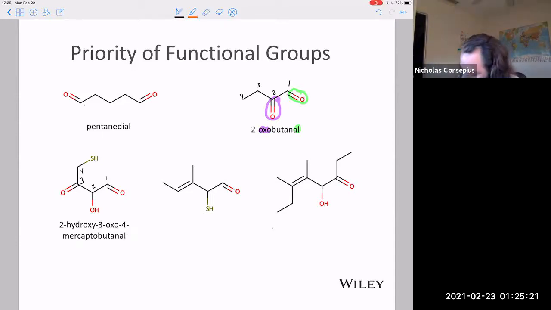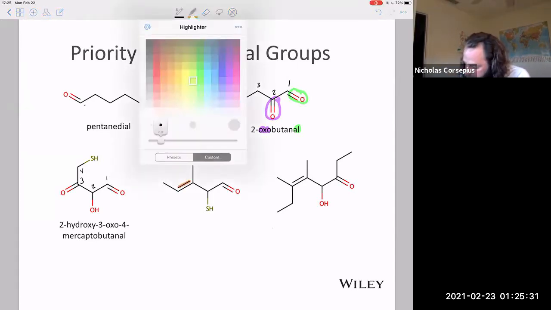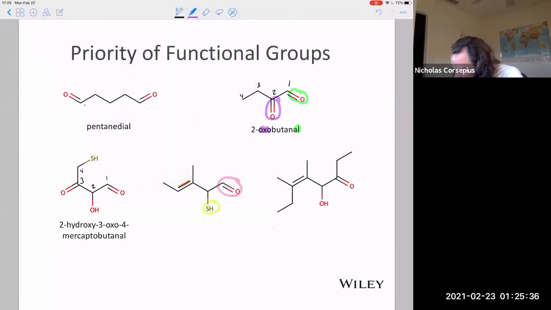All right, and then just to do another example here, where we're going to have this double bond in here. So now I have an alkene functional group, a thiol functional group, and the aldehyde. The aldehyde is, of course, the winner, as we just saw. So I'm going to start numbering there. 1, 2, 3, 4, 5. Okay.